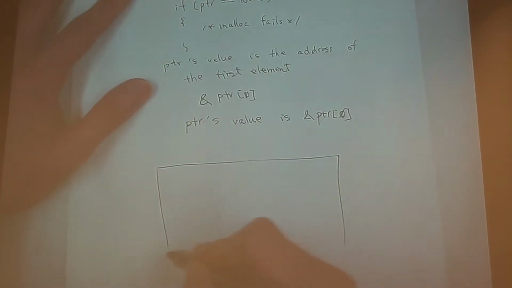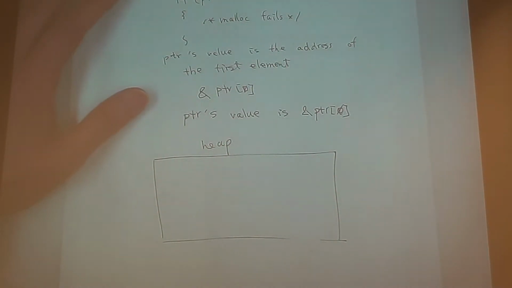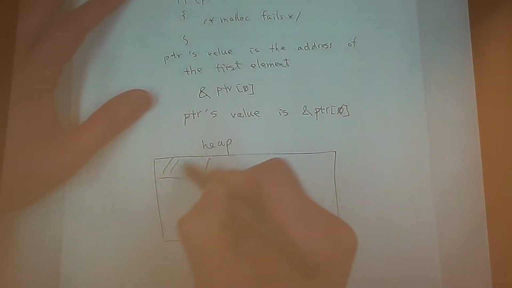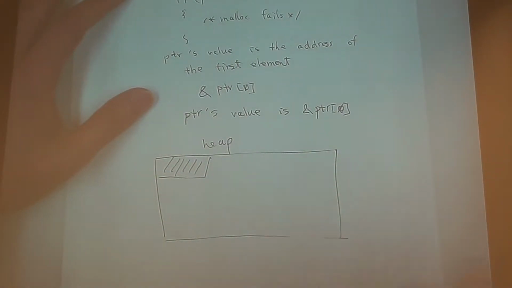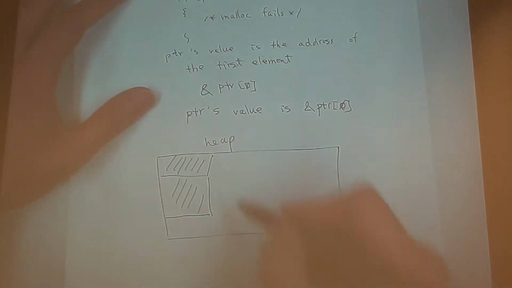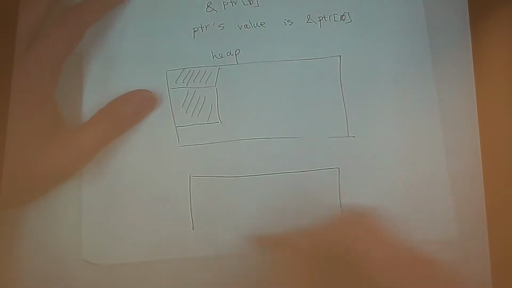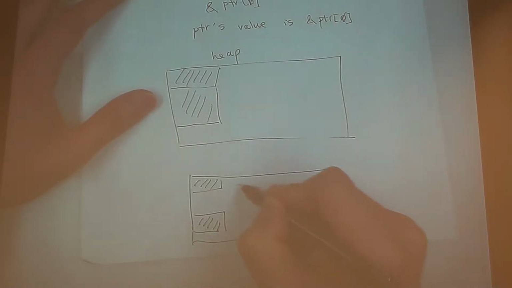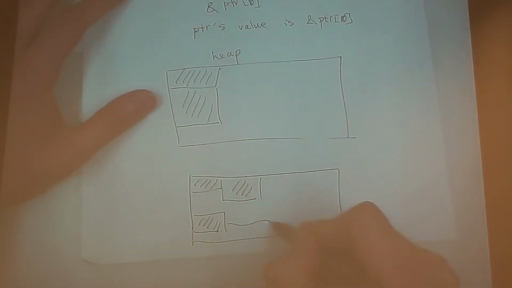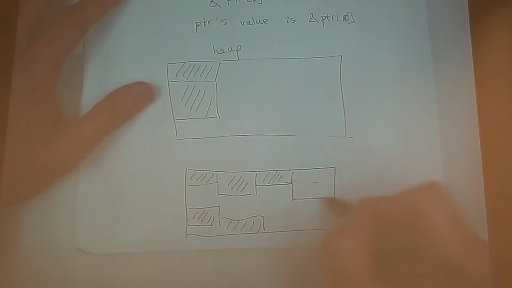Let's say this is your heap memory. I just mention this very briefly. If you do malloc once, malloc will find the memory you want. You ask for so much. The next time you ask, maybe malloc will give you this much memory, and so on. Then sometime later you release some part of memory. So after a while, your heap memory will look like this: some occupied, some free, some occupied, because you allocate, release, allocate, release.